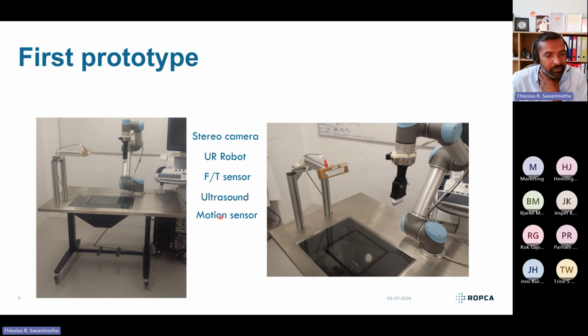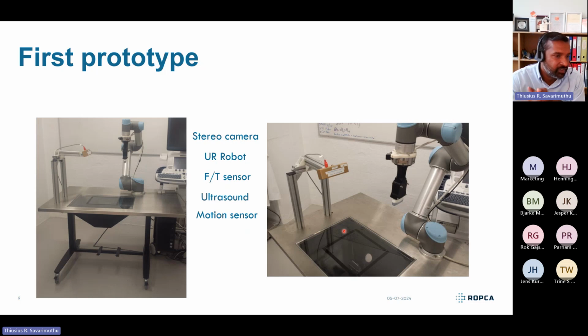But on top of that, we also had a motion sensor below the table looking up at the hand from below. That's why we had the glass plate here. And this was because we wanted the system at that point to be able to track hand motion during the scanning.